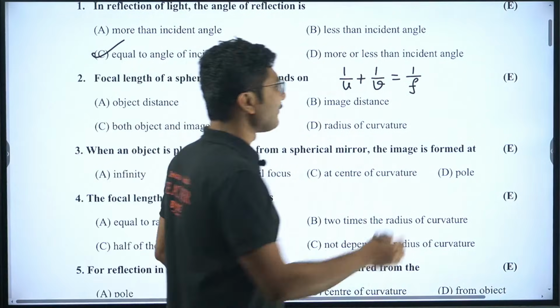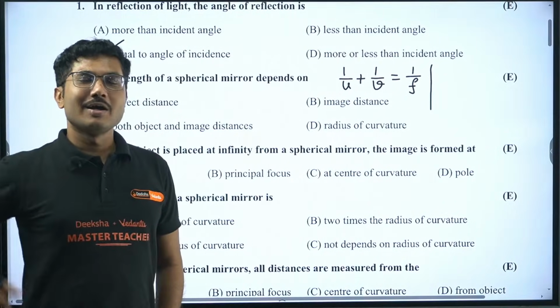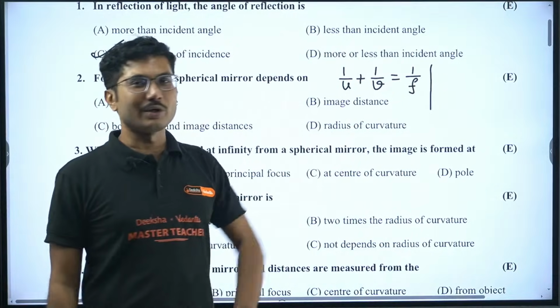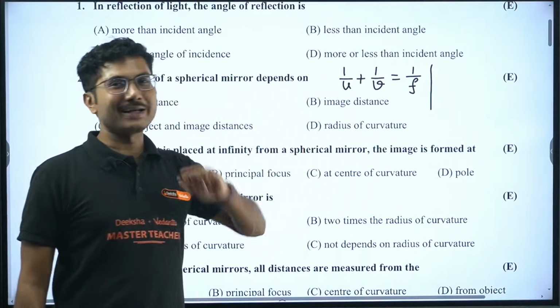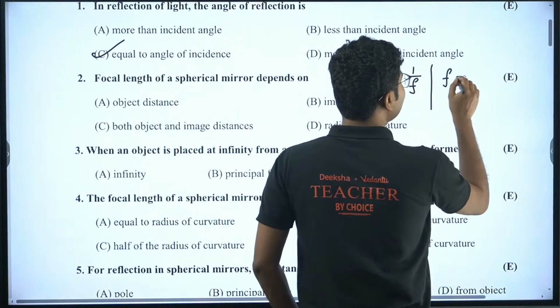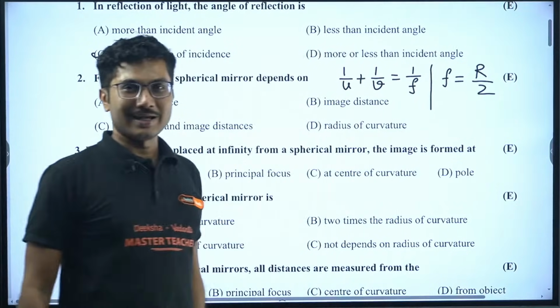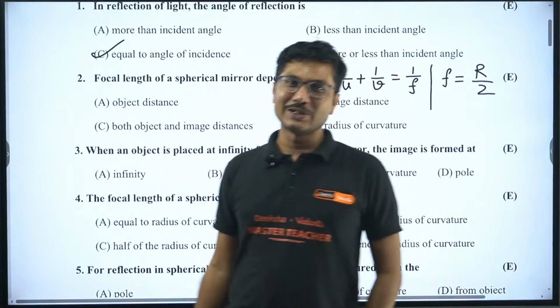Focal length, in fact, for lenses or mirrors, it does not matter. Focal length is always independent of U and V. U and V together, they are dependent on F. How can F be dependent on U and V? So F is given by R by 2 for a spherical mirror, and for lenses we have the lens maker's equation.